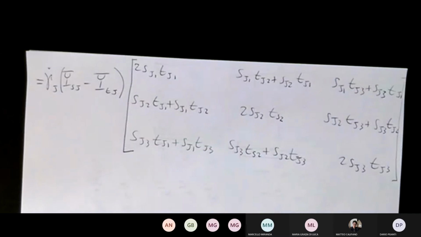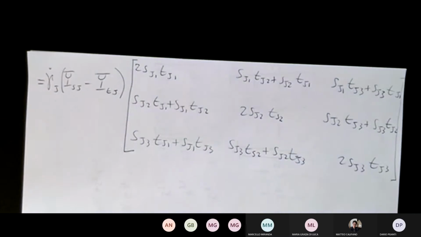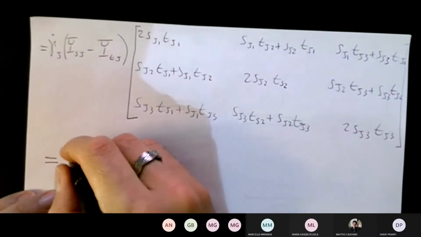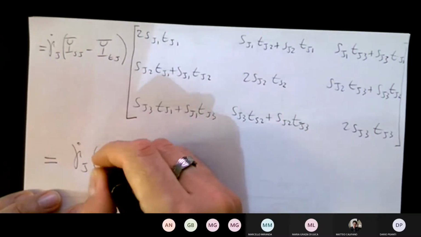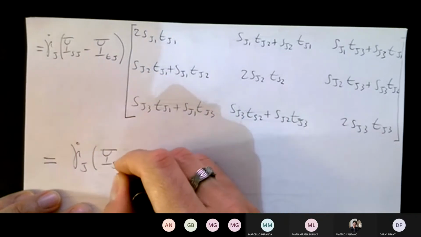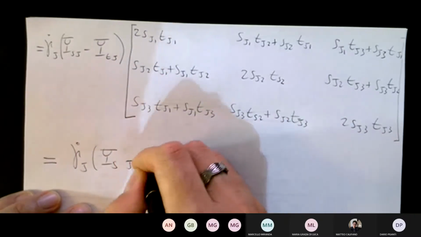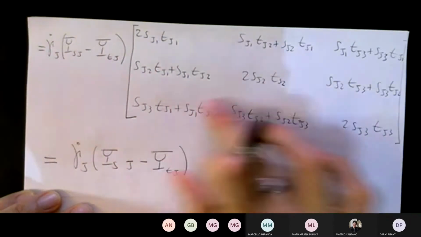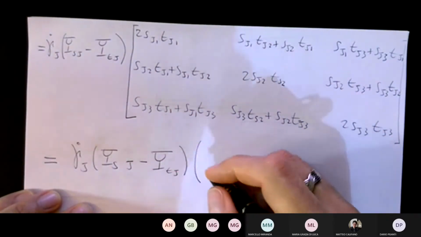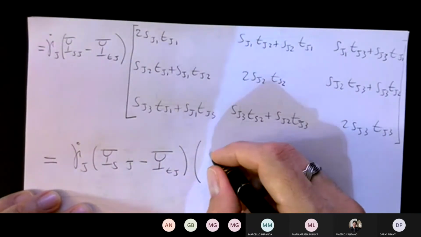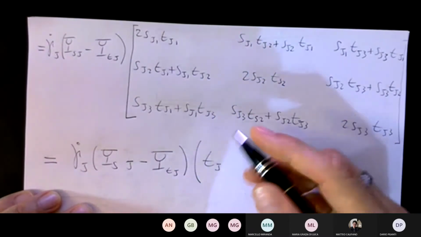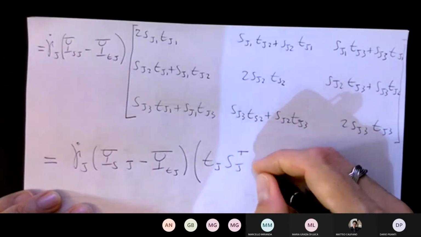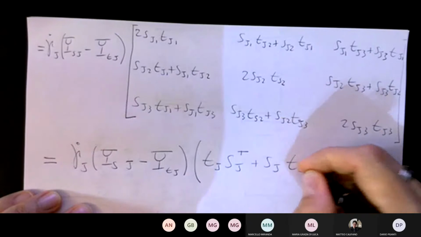Which can be expressed in a more compact way, much more compact, other than this term gamma j dot Is minus It. This matrix can be expressed as Tj, the actual three components. Imagine it as a vector, right? That multiplies Sj transpose plus Sj Tj transpose.